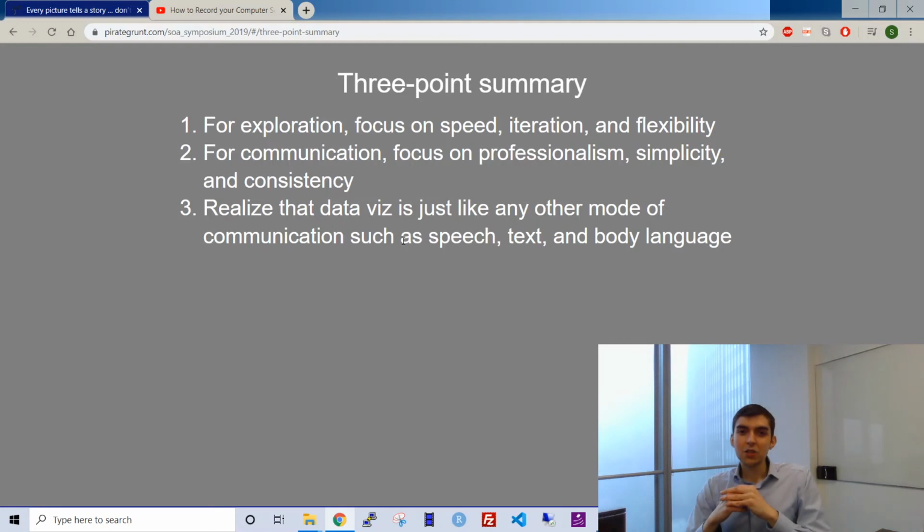For communication, focus on professionalism, simplicity, consistency. Finally, realize that data visualization is just like any other form of communication, and that body language, text, speech, appearance, voice, all of these other things are just as important.